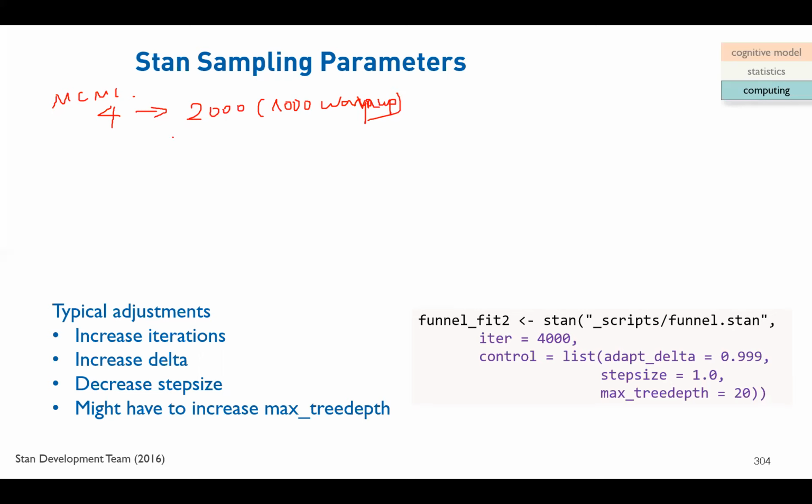So in the end, we will have 4 multiply 2,000 minus 1,000, then we have 4,000 samples, good. This is default. And usually the default works pretty well.